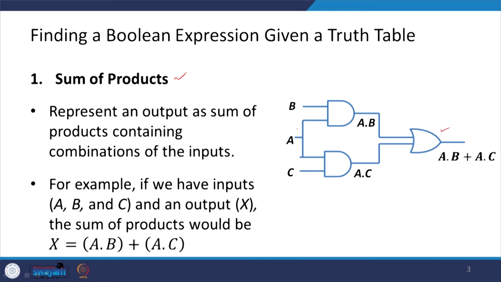The inputs for the first one are A and B, so its output is A dot B. Similarly, for the second AND gate the inputs are A and C, so the output is A dot C. When these two are passed as input to the OR gate, we get output X as AB plus AC. So if we have inputs A, B and C and output X, the sum of products would be A into B plus A into C.